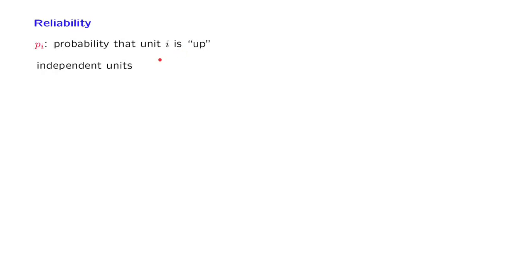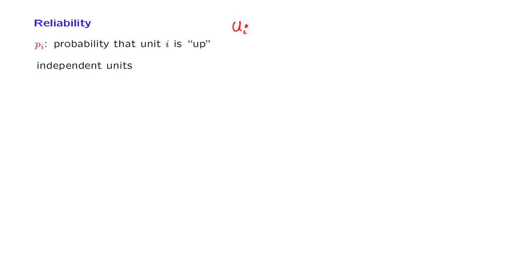Furthermore, we will assume that unit failures are independent. Intuitively, what we mean is that failure of some of the units does not affect the probability that some of the other units will fail. If we want to be more formal, we might proceed as follows.